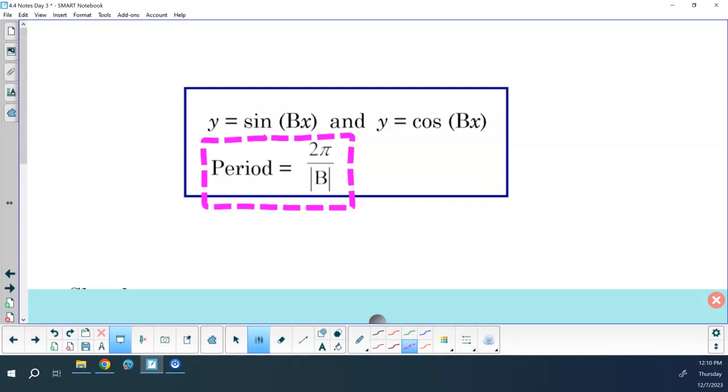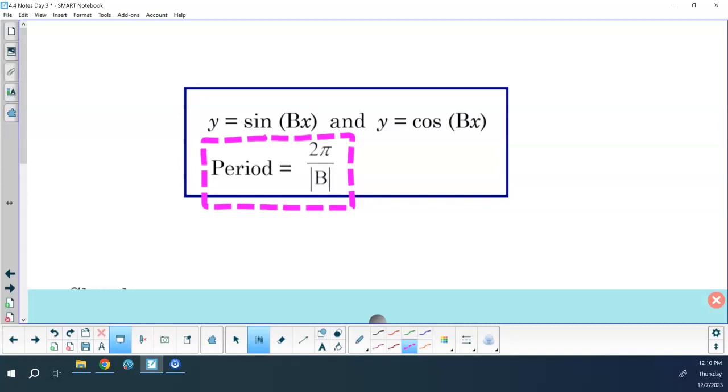It's like the opposite of B over 2a, the x part of the vertex of a parabola. That's the only other thing that I could compare it to. Absolute value, because if B is negative.